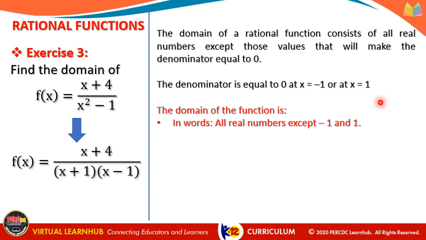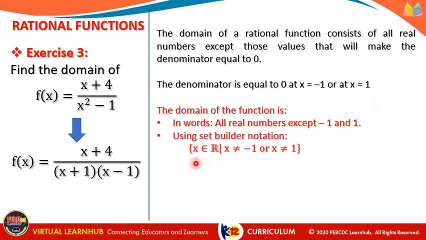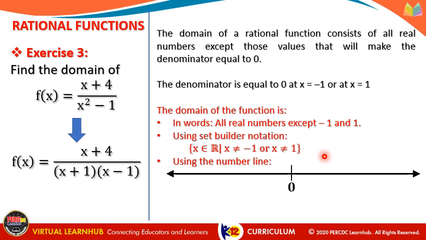In terms of set builder notation, pwedeng ganito. Our domain consists of all real numbers as long as x is not equal to negative 1 or x is not equal to positive 1. In terms of the number line, so again, para medyo magandang tignan, if you want, lagyan natin ng 0 sa gitna. Again, ang importante talaga dito ay yung negative 1 at positive 1.